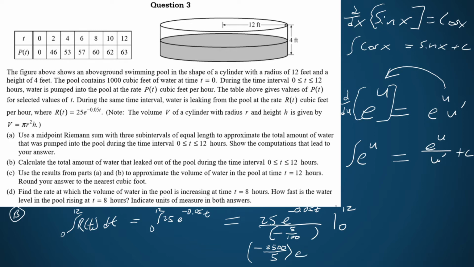Times e to the, I've got negative 5 over 100 times t, 12. Okay, minus negative 2500 over 5 times e to the 0 power, which would be 1.